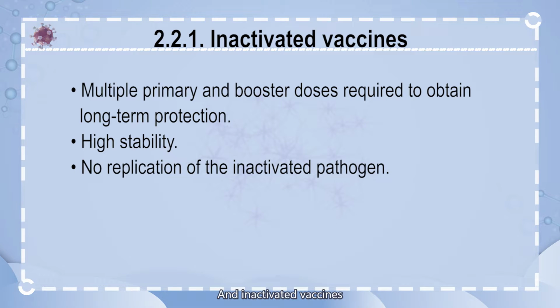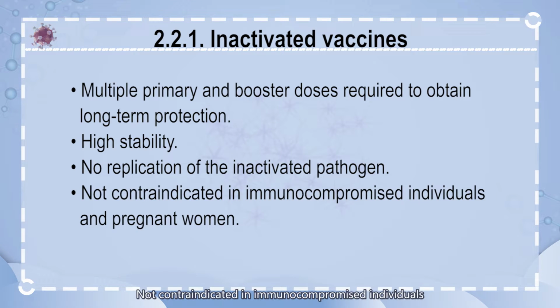And with inactivated vaccines, there is no replication of the inactivated pathogens, so the pathogen will not replicate. Note: they are not contraindicated in immunocompromised individuals and pregnant women, so they are relatively safe.